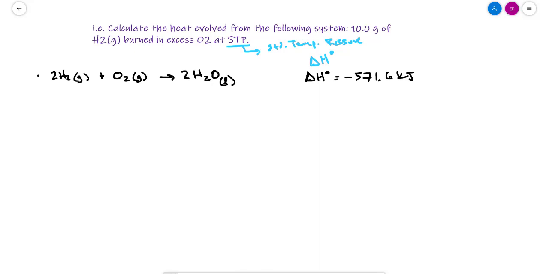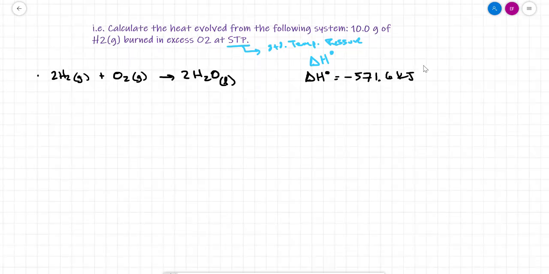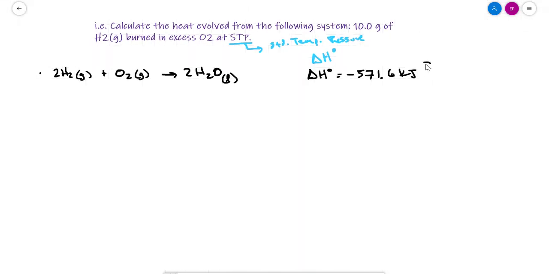So what's also given to us in the problem is the balanced thermochemical equation. So we have hydrogen plus oxygen burning to create water, and then associated with that we have our standard change in enthalpy, delta H naught, as minus 571.6 kilojoules.